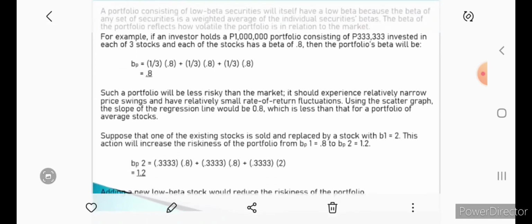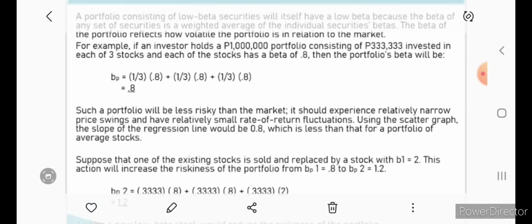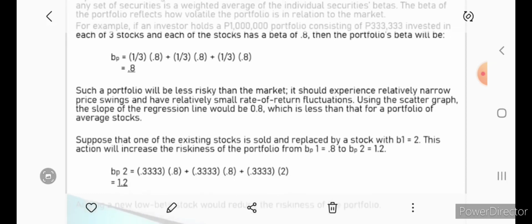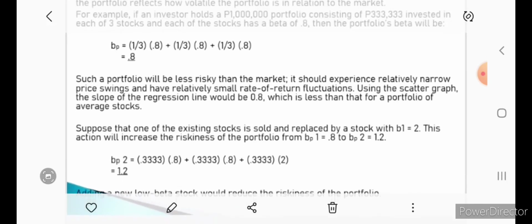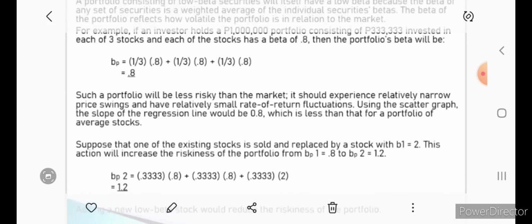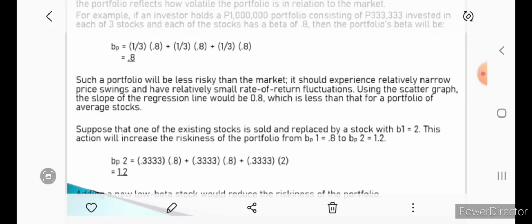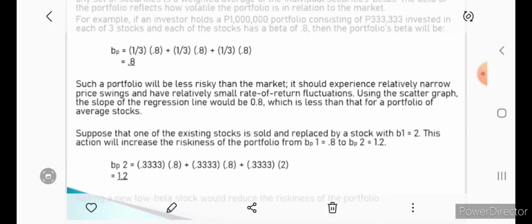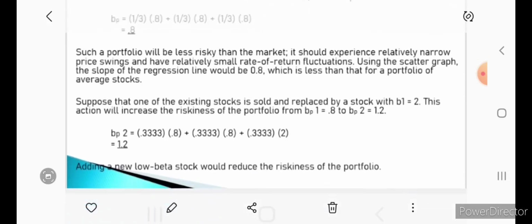For example, if an investor holds a 1 million pesos portfolio consisting of 333,333 invested in each of 3 stocks, and each of the stocks has a beta of 0.8, then the portfolio's beta will be BP equals 1/3 times 0.8 plus 1/3 times 0.8 plus 1/3 times 0.8, which is equal to 0.8.